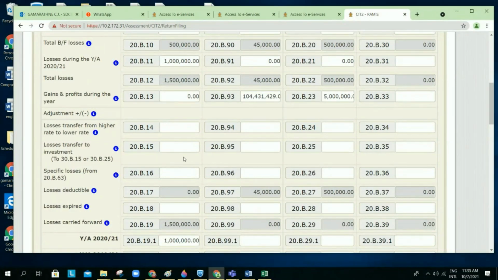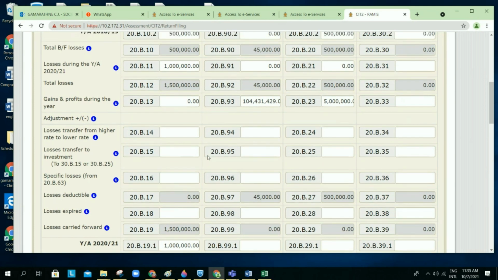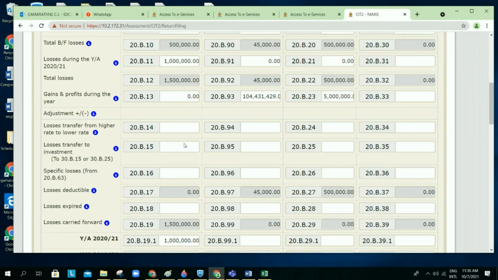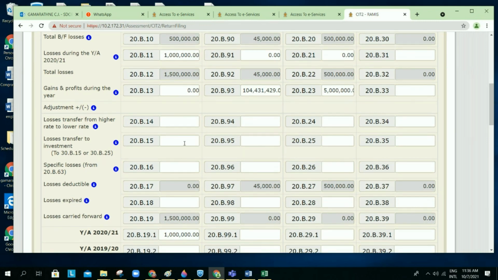This is the loss transfer to investment. If there are balance losses, carry forward losses, and the taxpayer can claim from investment profit, you can claim this business loss from the investment profit.